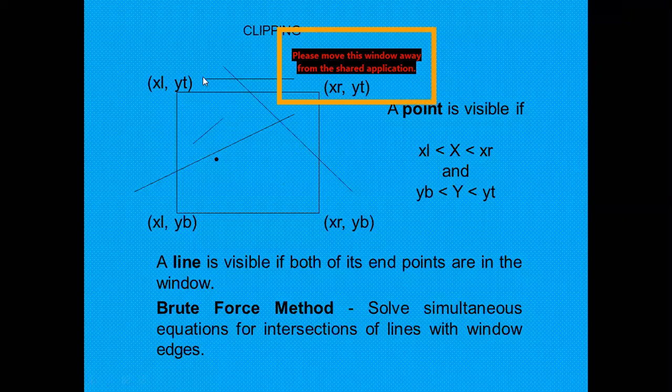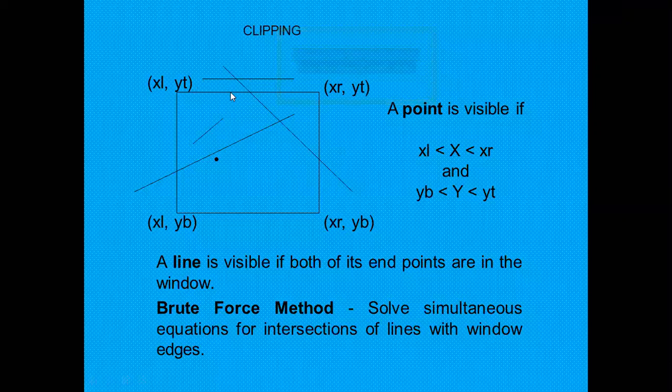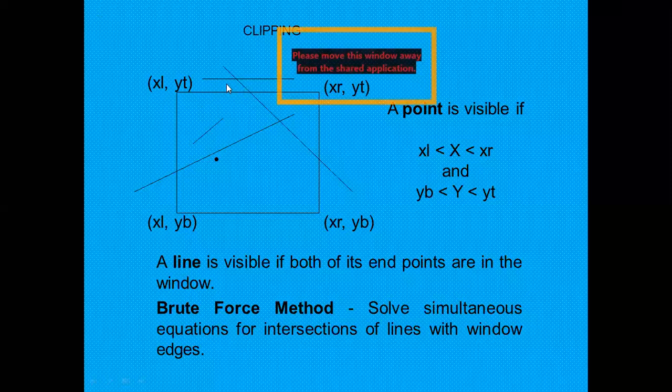Now come to this line. Whenever you apply the method, no portion of this segment is touching the window, passing into the window, or intersecting the window. So this segment is lying completely outside the window.